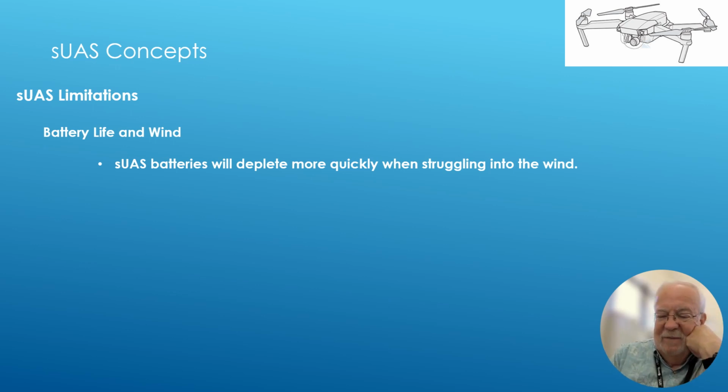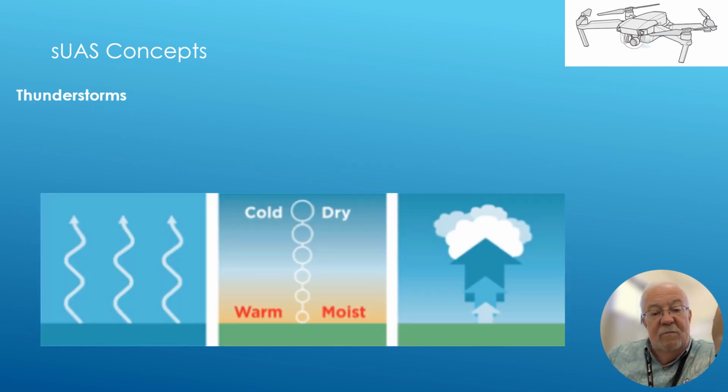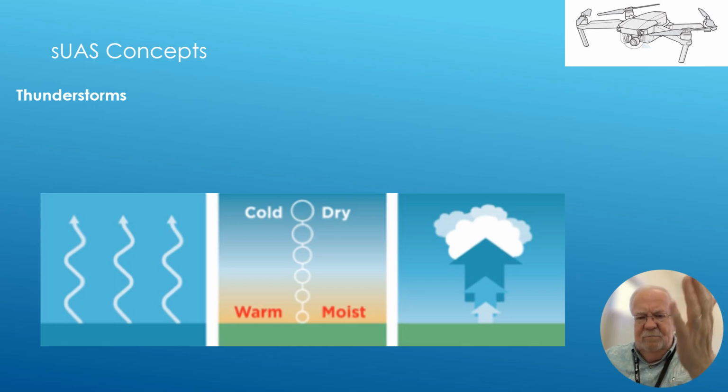Okay, enough of that. Okay, thunderstorms. There are 3 things necessary for a thunderstorm. This is the most severe weather event that you're going to face. Whether you're a drone flyer or a golfer, doesn't matter, or someone out fishing, you're going to be concerned about thunderstorms. So listen up. There are 3 things necessary for a thunderstorm. You have to have water vapor. In other words, there has to be some humidity.